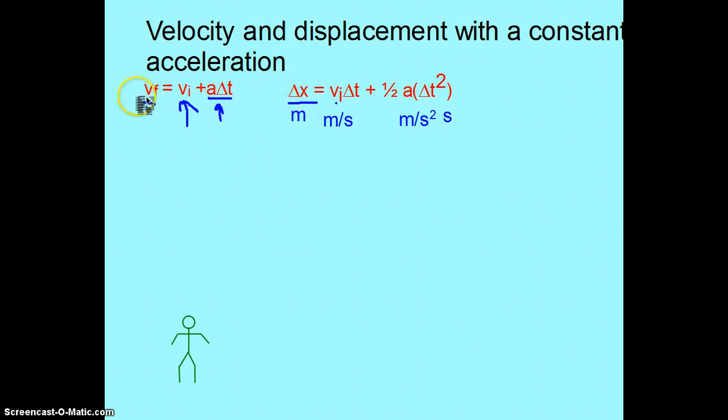Again, these are tools to use the variables given in a problem to solve for an answer. In this problem, V final is perhaps being asked for. If we have a VI, an acceleration and a time, we can find how fast we're going. We can find how far we would go after an acceleration if we know how long we were accelerating for and we know how fast we were initially going.